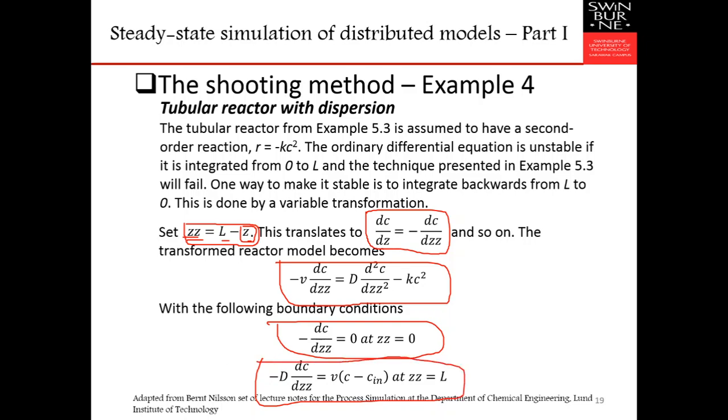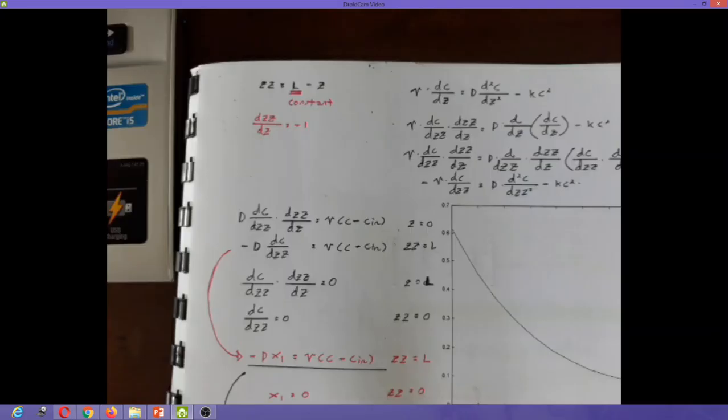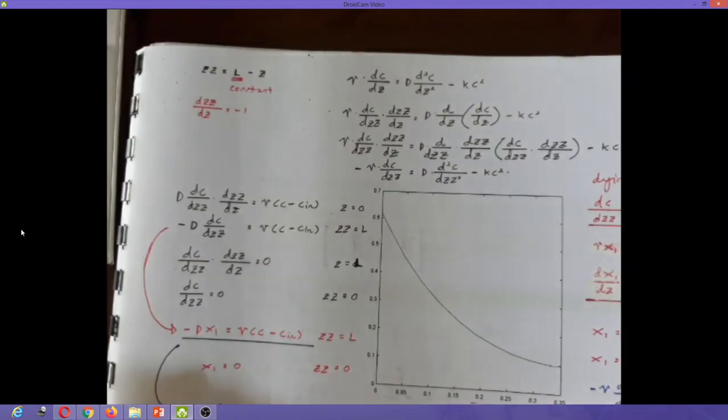I can show you in my note roughly how to do those things. Now we have this zz, which is basically L minus Z, so that we have dzz per dz equal to minus 1.